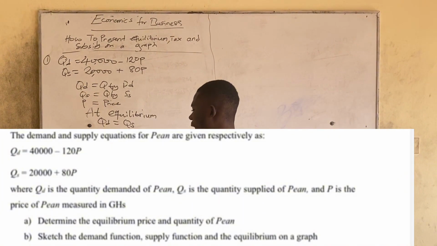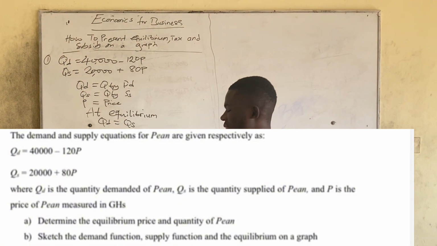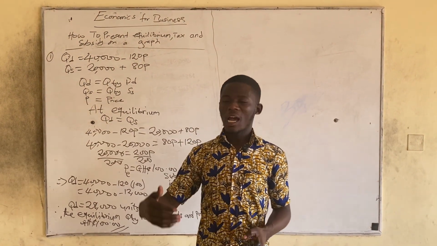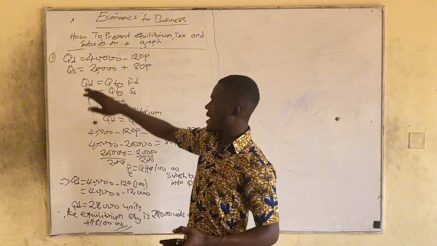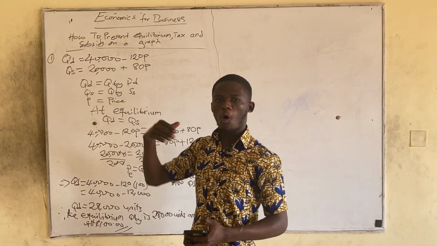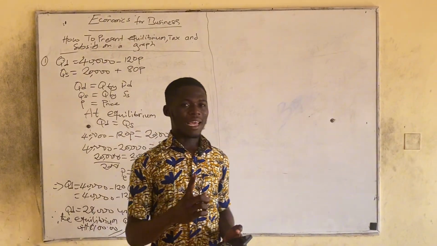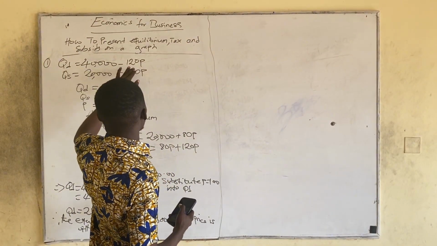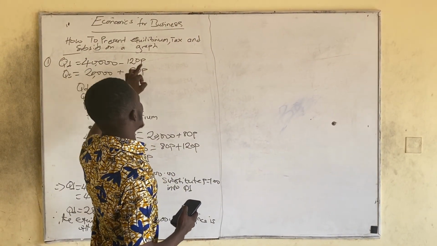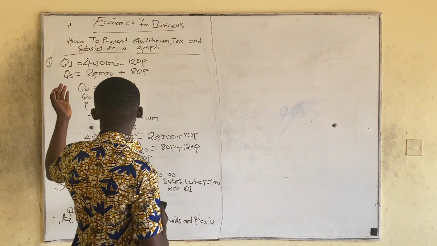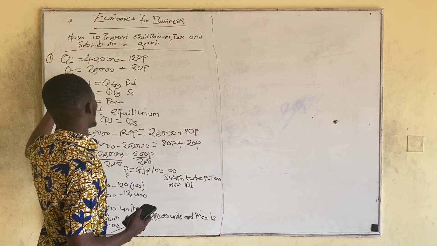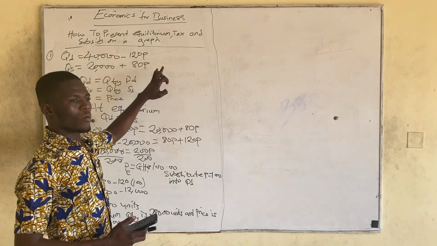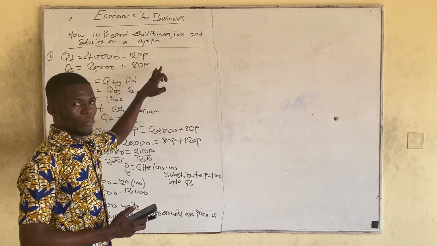So we should sketch our demand function and our supply function on a curve. But before that, you have to solve for the demand quantity and the demand price, then also solve for the supply quantity and the supply price.